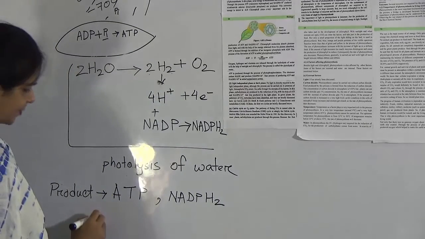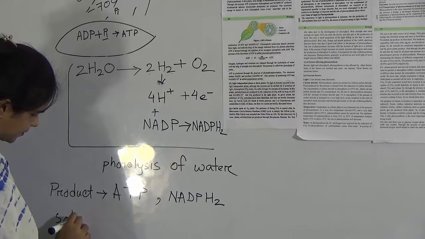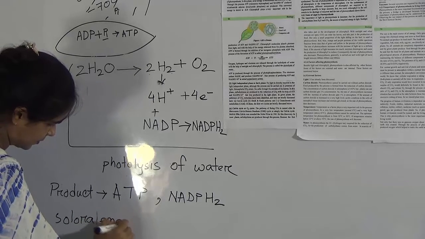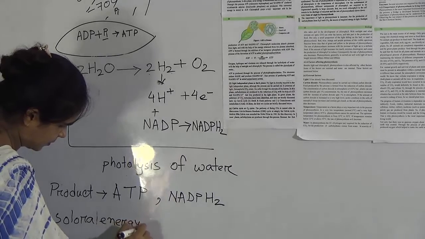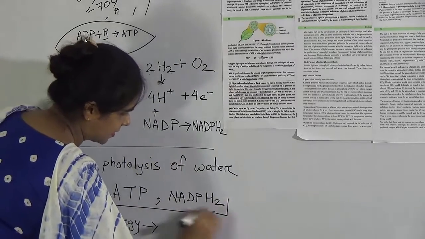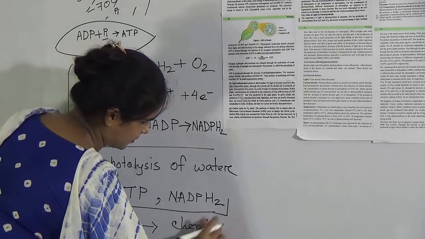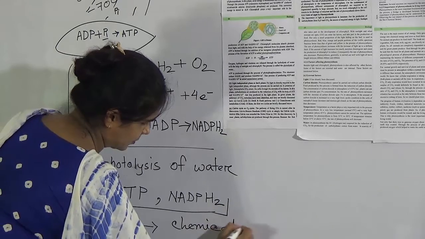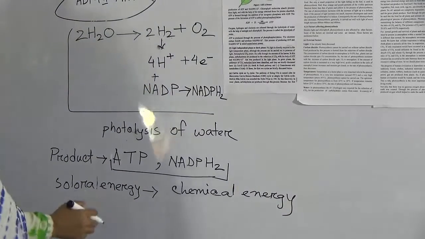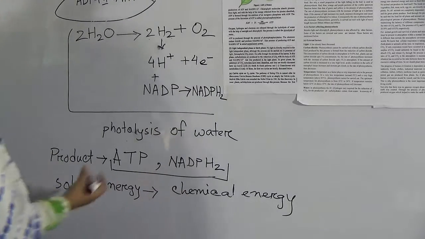That means in the light dependent phase, solar energy turns into these two chemical energies.